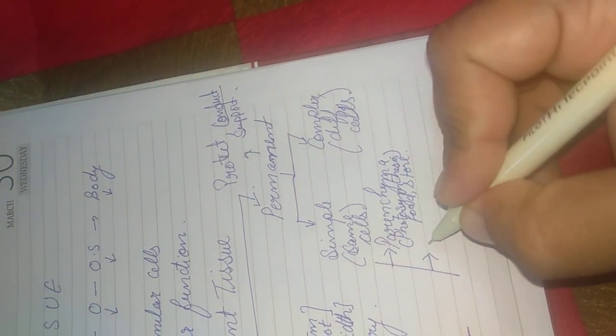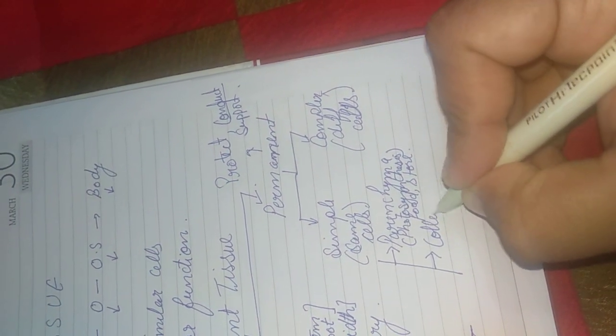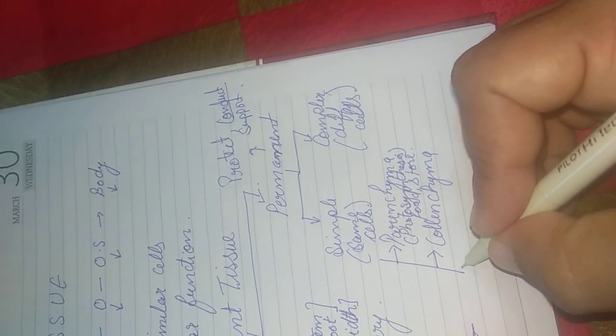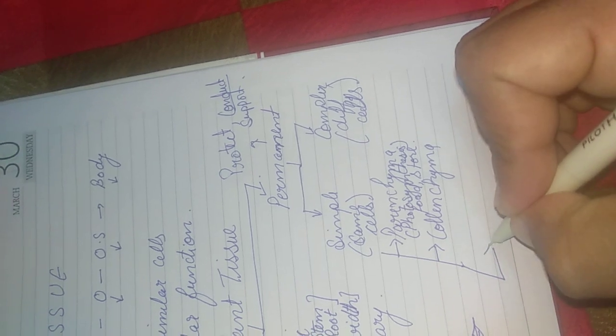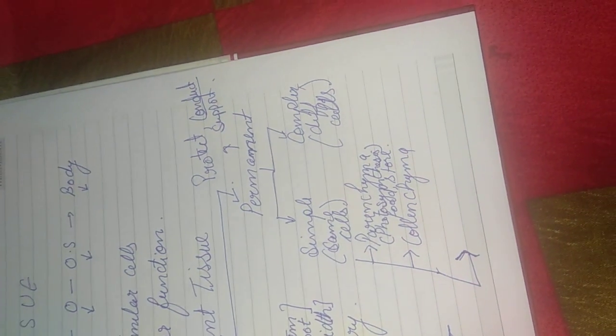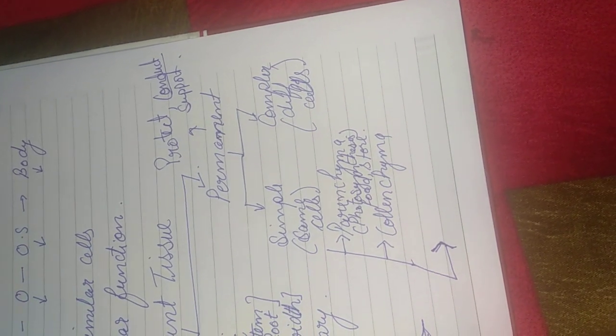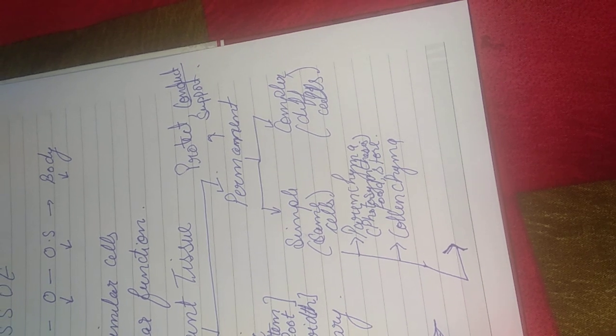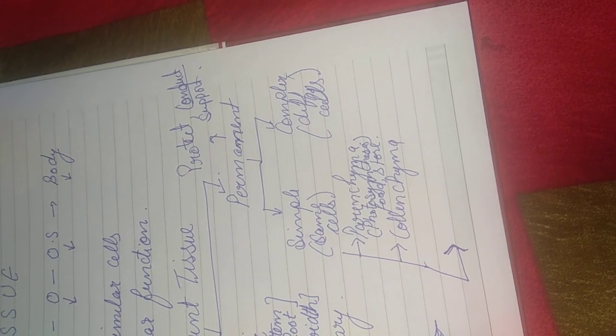Okay, then comes collenchyma. Many times we have seen that when there is a very fast wind blowing, or when there is a storm, the plants are very flexible. They move along with the wind, but they are not uprooted.